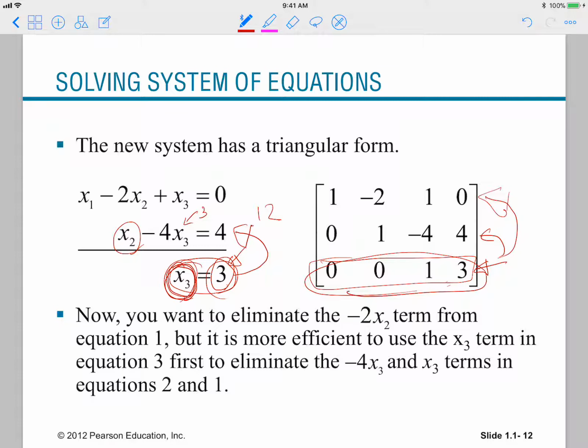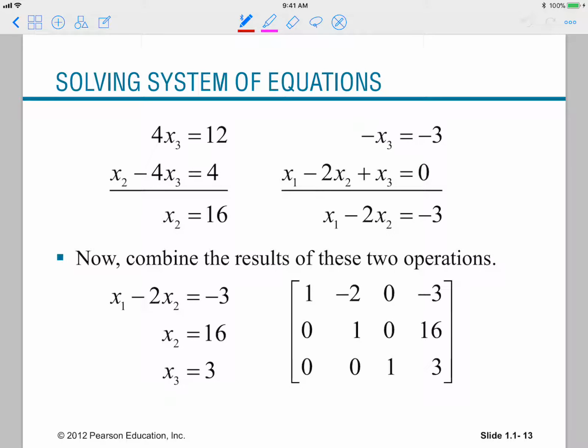Given this equation, we now look up at the equation above and remove all these values, by multiplying this equation by -4 and subtracting it from the second equation.